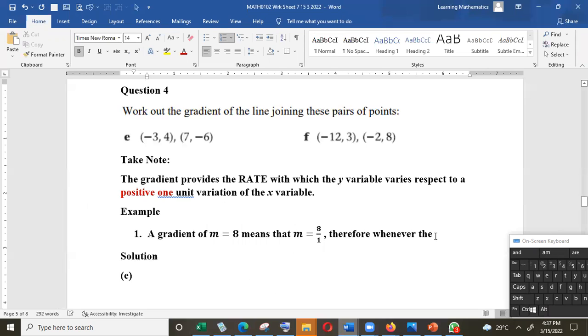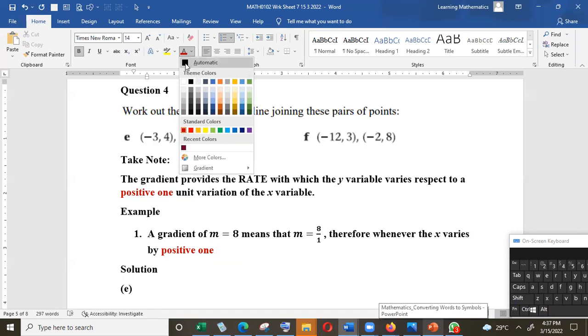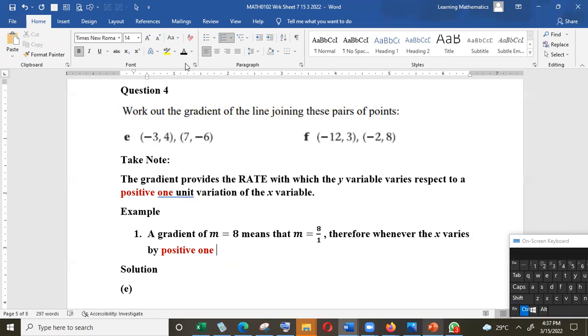Therefore, whenever x varies by positive 1, y varies by 8. That's what the gradient of 8 means.